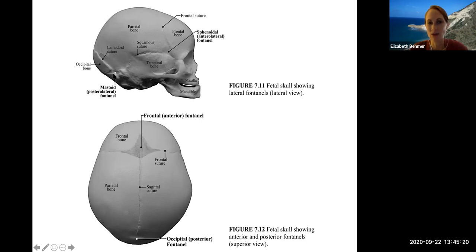You have a mastoid fontanelle behind that where the mastoid process would be. You would have a sphenoidal fontanelle, kind of where your temples would be. So these are just different soft spots where the bones haven't fused together completely, to allow the fetal skull to squeeze through the birth canal during birth.